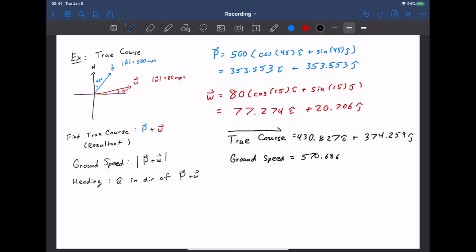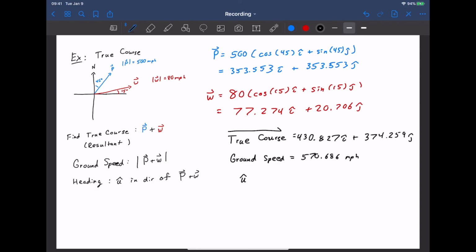Notice how it ends up being a little bit more than the plane speed. We're adding to the plane speed. If they were pointing in truly opposite directions, you would expect to see a decrease in speed. But the wind is adding a little bit to the actual ground speed of our plane. And this would be miles per hour.